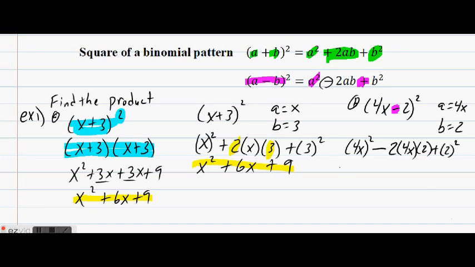Let's clean it up a little bit. 4 squared is 16, x squared, simply x squared, minus 2 times 4 gives me 8, 8 times 2, 16, x plus 4.